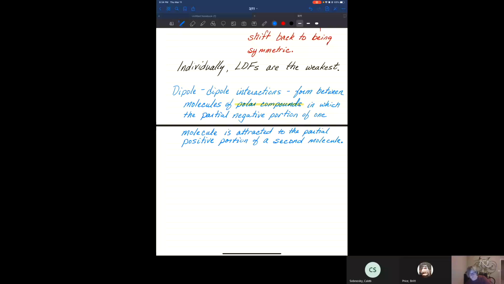So essentially that separation of charge can act almost like a stronger magnet would be one way to think about that. And so because you have stronger magnets, you have stronger attractions between those two magnets. Those are my dipole-dipole interactions.